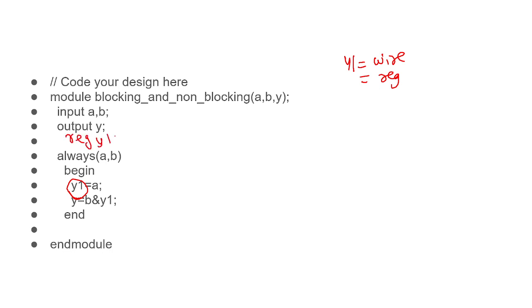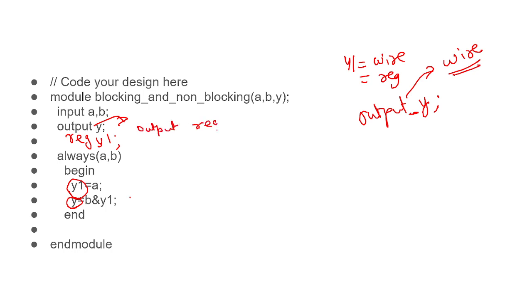I have to define y1 as a register, and this y I have given directly as output y. By default, if I don't mention anything and just use the keyword output, then it will be a wire type variable. So can I use a wire type variable inside this block? Here I have to define it again as register type.